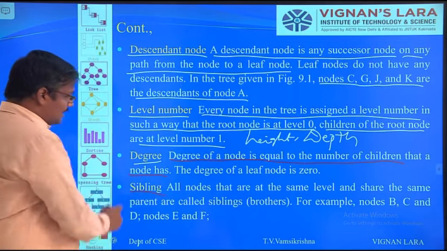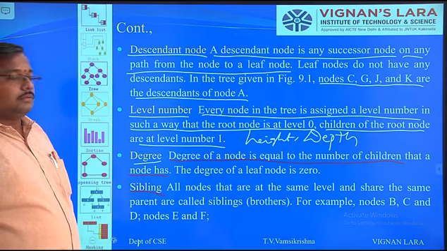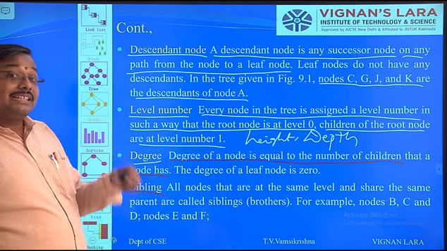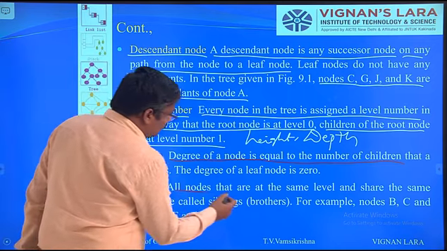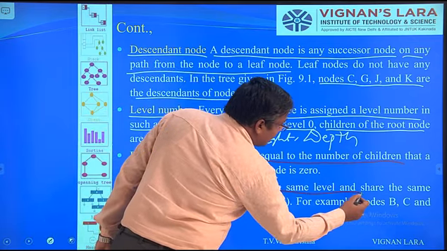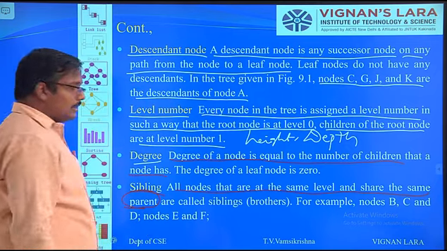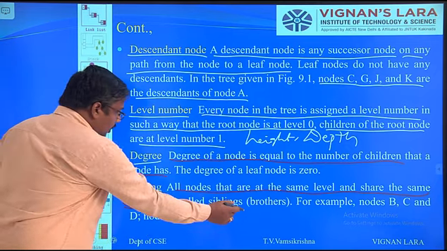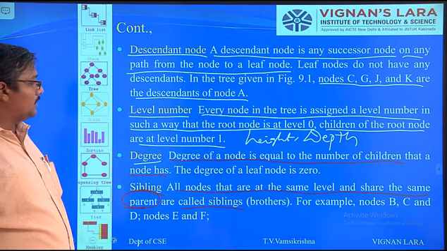And finally the last one is sibling. The other children of the same parent are called siblings. So all the nodes that are at the same level and share the same parent are called siblings.